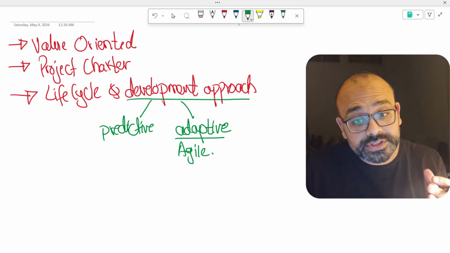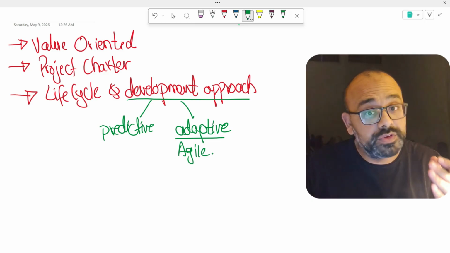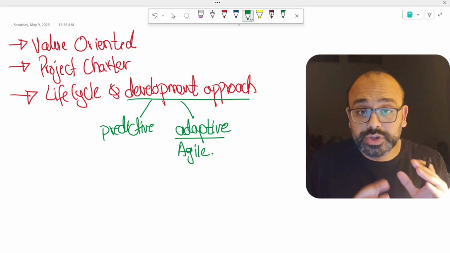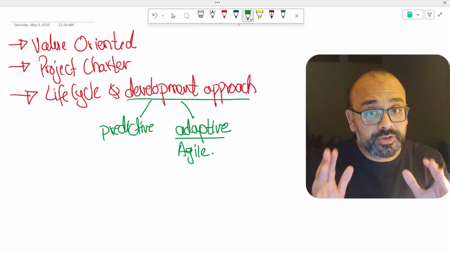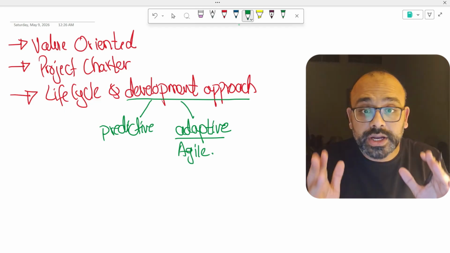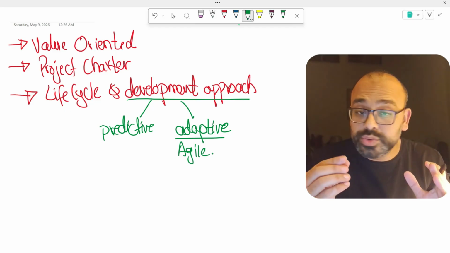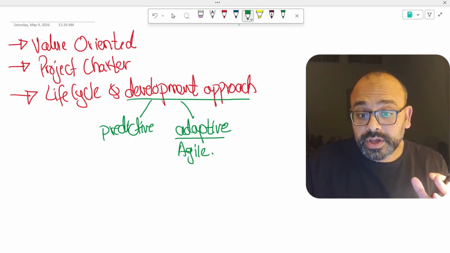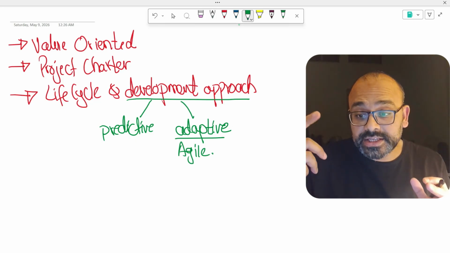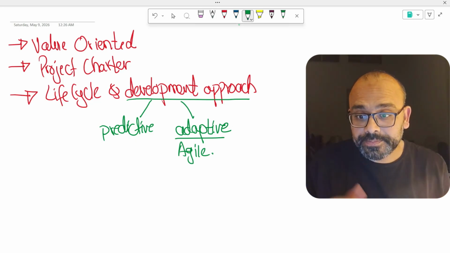What are the circumstances that adaptive approach will be best for us? You need to master all. Study from the book, study from wherever you want. You will get a lot of questions where you need to suggest which approach will be good for you. Right? So that's the topic number 3.